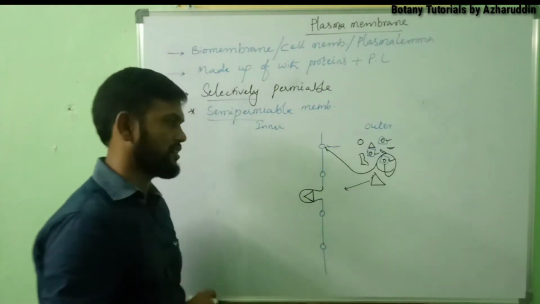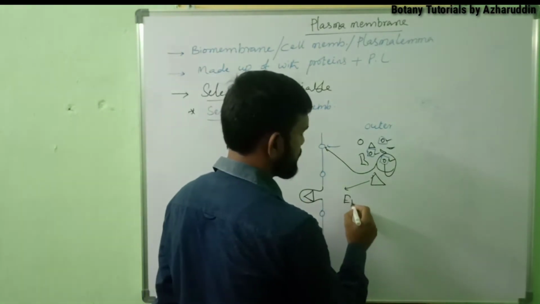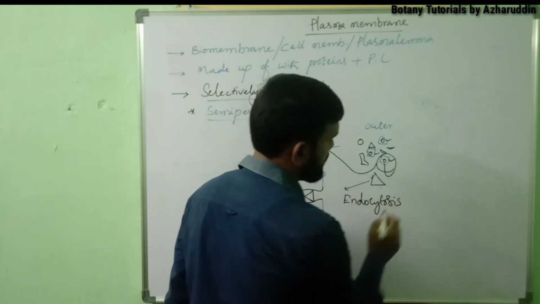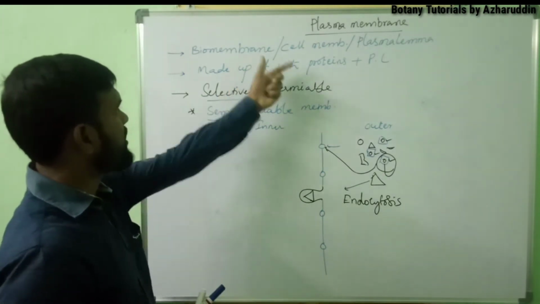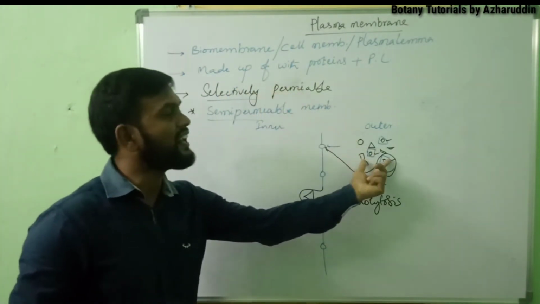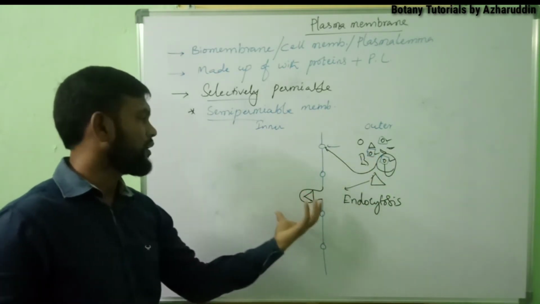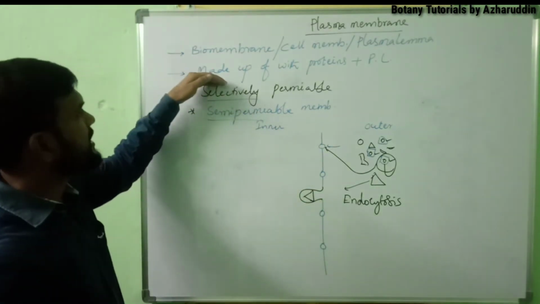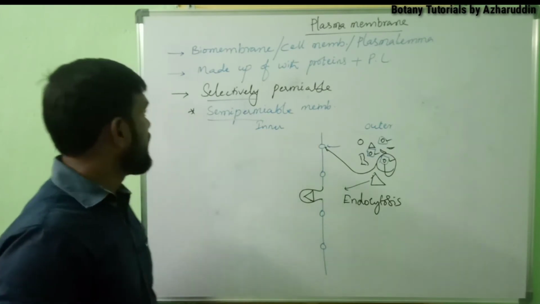This phenomenon is called endocytosis. By the process of endocytosis, the plasma membrane selects the required particle and that particle enters the cell. This is the difference between selectively permeable membrane and semi-permeable membrane.